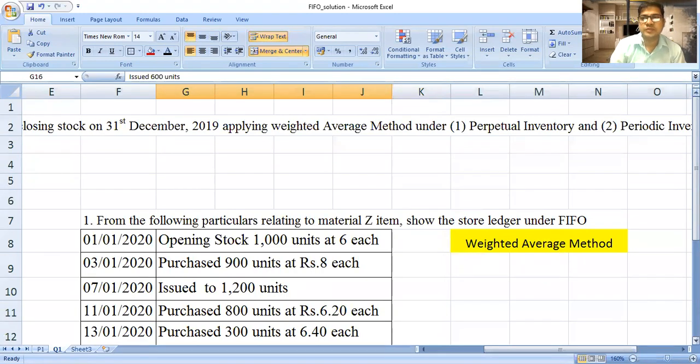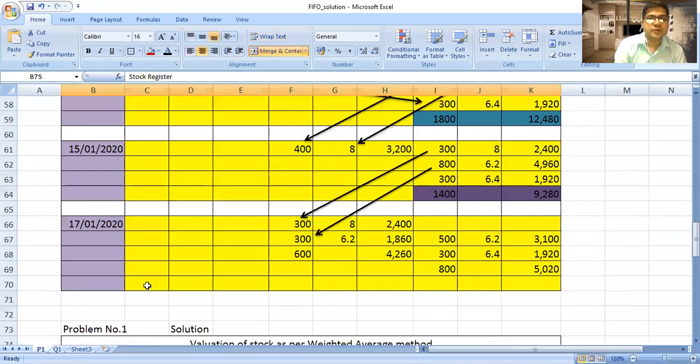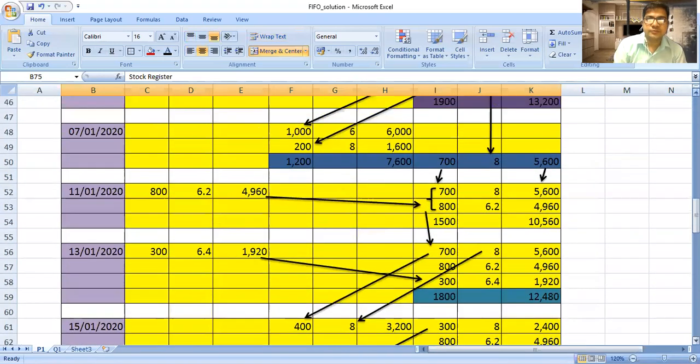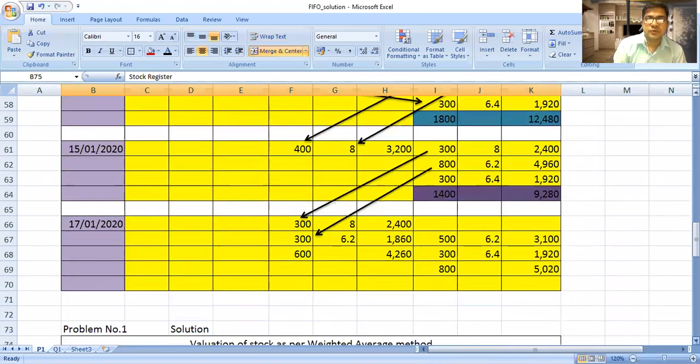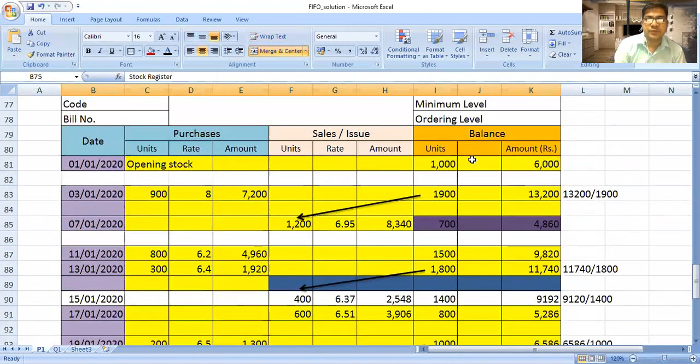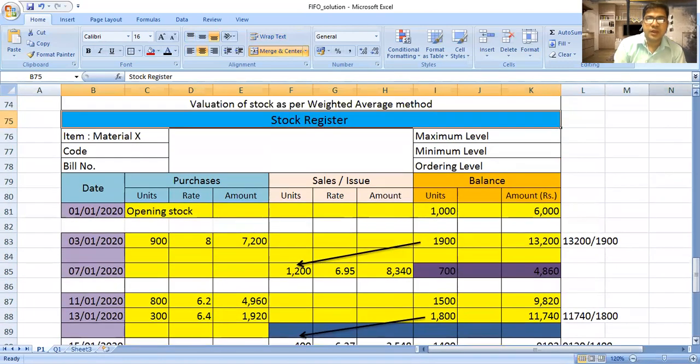A similar type of sum is there. The only thing is that you have to prepare this kind of format, and we are not using rate for balance. It is very simple. And how will we calculate the closing balances?